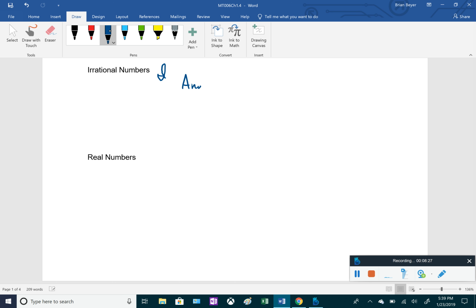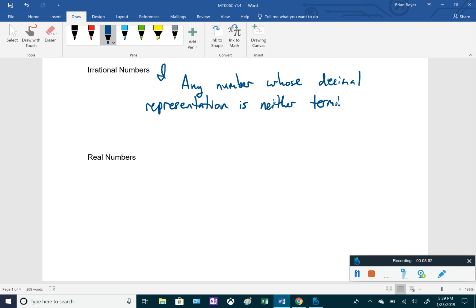So this means it's going to be any number whose decimal representation is neither terminating nor repeating. So it's a little bit less obvious until we do some examples here.